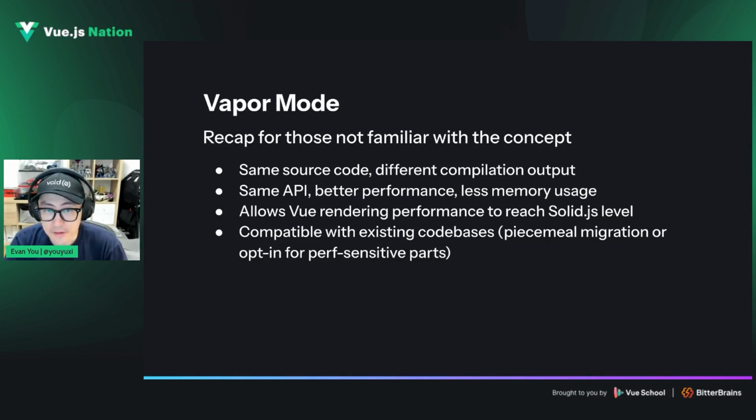The core idea is you write the same source code, but the Vue compiler will compile it to a different, more efficient compilation output, which means with the same API, with everything you've already learned, you get better performance and less memory usage, with nothing new to learn, really. Vapor Mode allows Vue's rendering performance to reach the level of Solid.js, which is known for having probably the best rendering performance among all well-known frameworks nowadays.